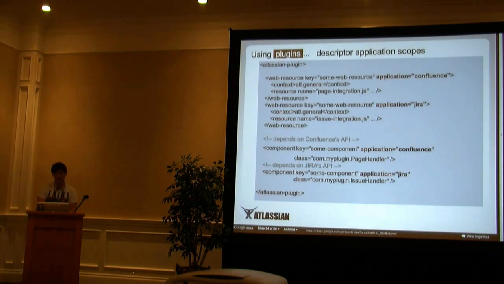So the page handler has some hard dependencies on Confluence classes, and the issue handler has some hard dependencies on Jira classes. So if you attempted to load the Confluence one up as a component in Jira, you'd end up with a whole bunch of class not found errors, and it would mess up your plugin Spring context, and the whole thing would fail to load. So in this case, this application attribute is critical to making your plugin deployable.